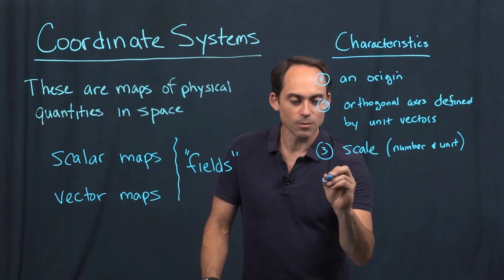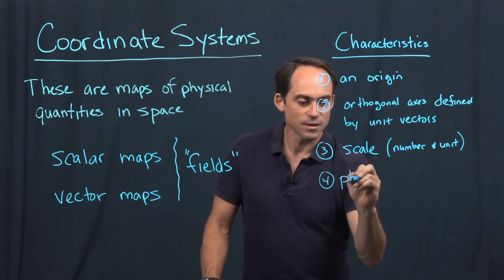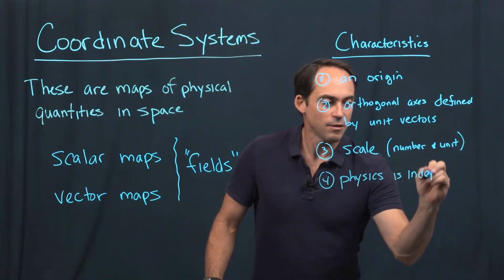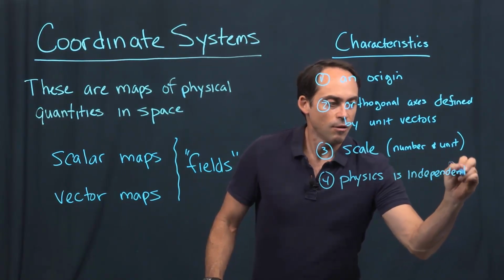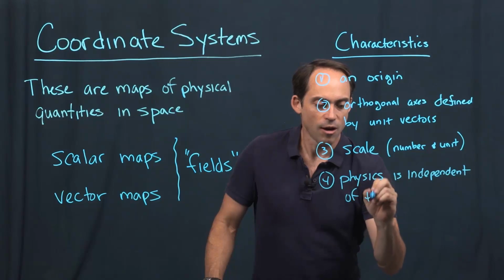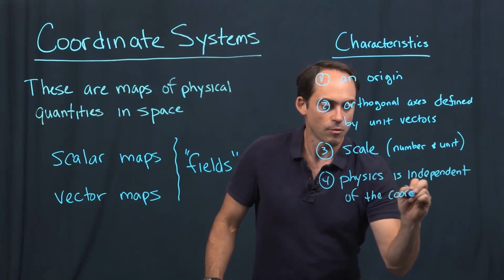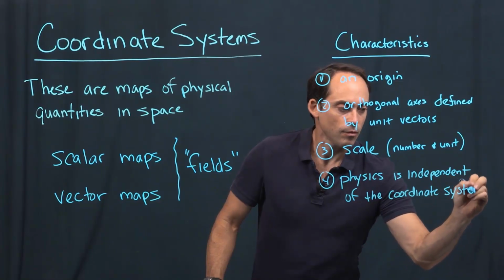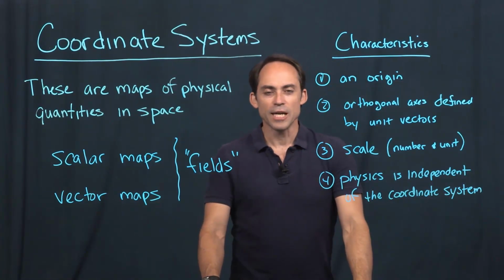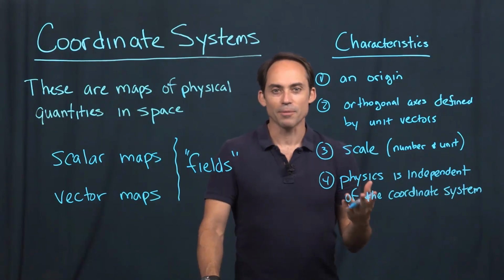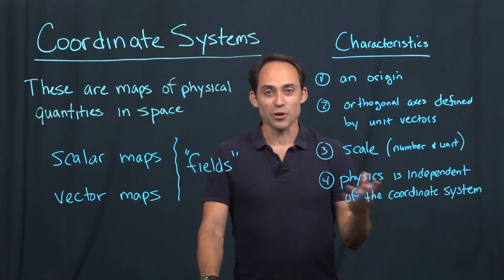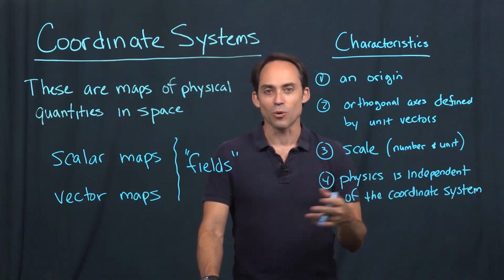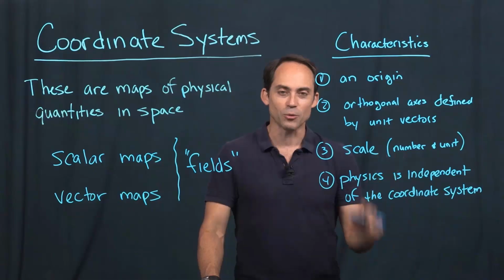And then the last property is that the physics is independent of the coordinate system. Okay, now what do I mean by that? Well, if you think about, for example, a topographic map, the mountain will exist whether or not you have a topographic map or whether you measure the topographic map in meters or miles or yards or whatever unit you want to use.